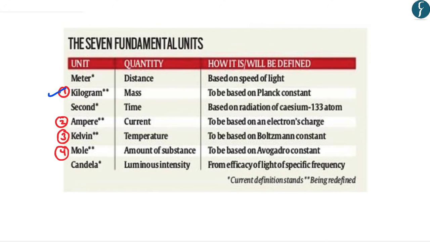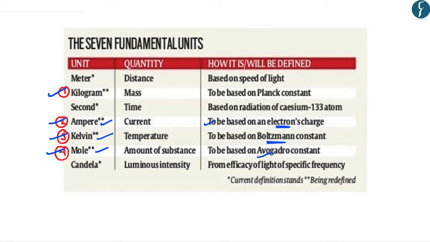Similarly, apart from kilogram, the definitions of ampere, Kelvin and mole have also undergone changes, wherein ampere would be redefined in terms of the electron's charge, the Kelvin would be redefined in terms of the Boltzmann constant, and mole would be redefined based on the Avogadro constant.